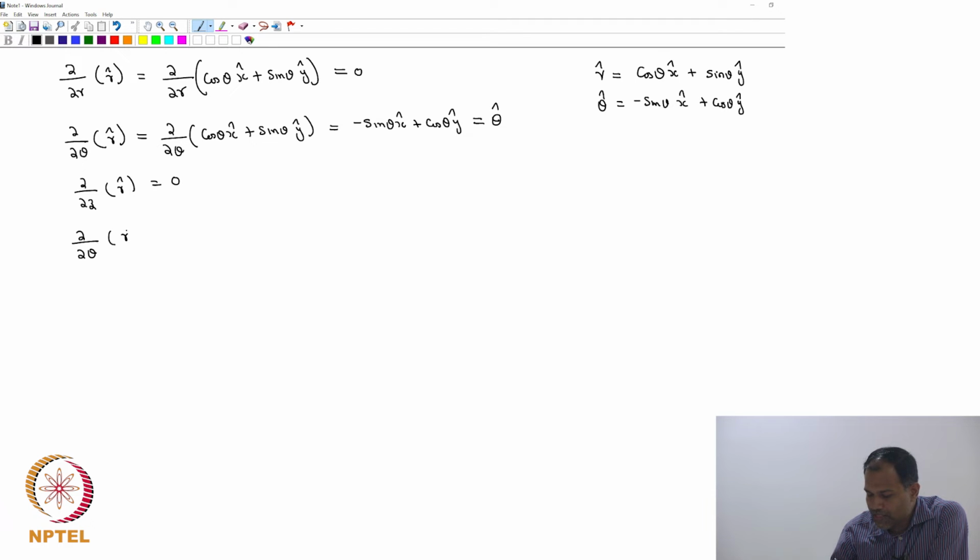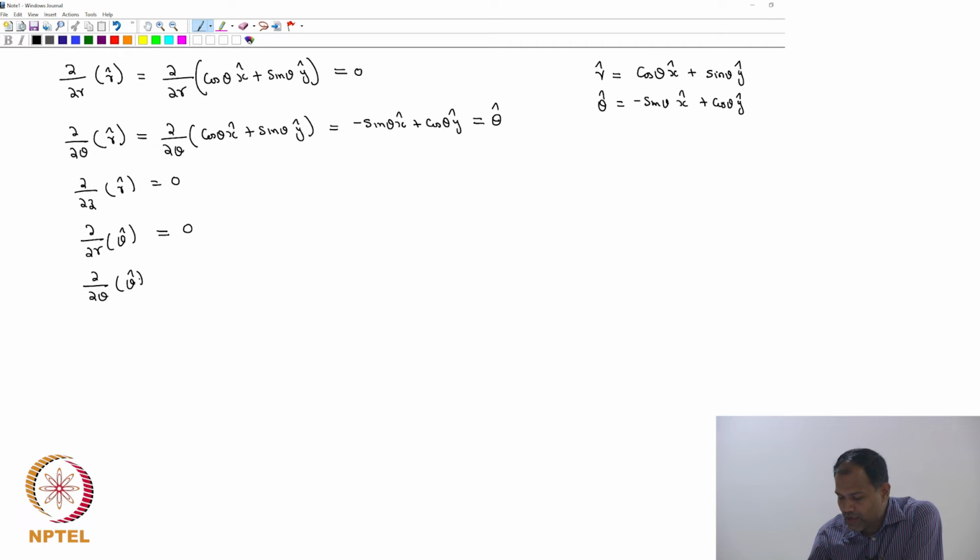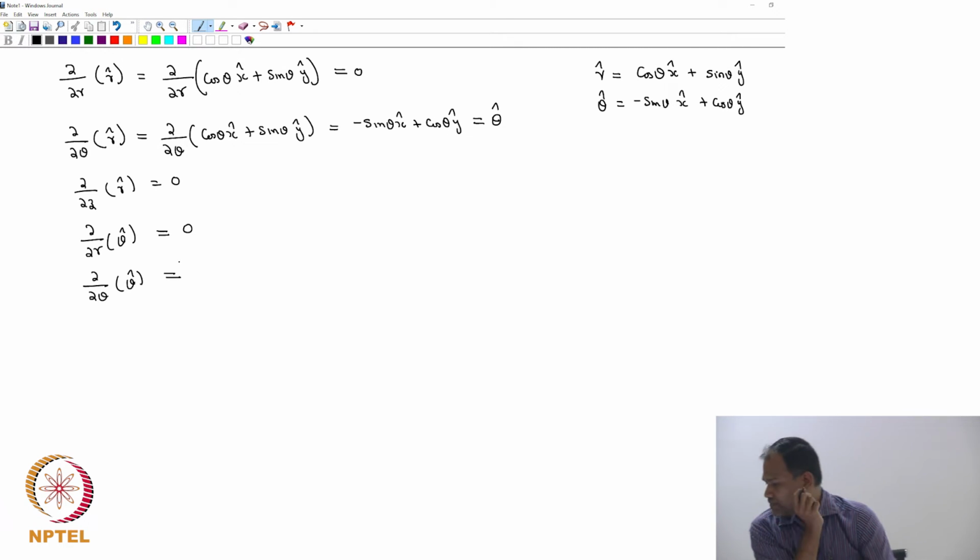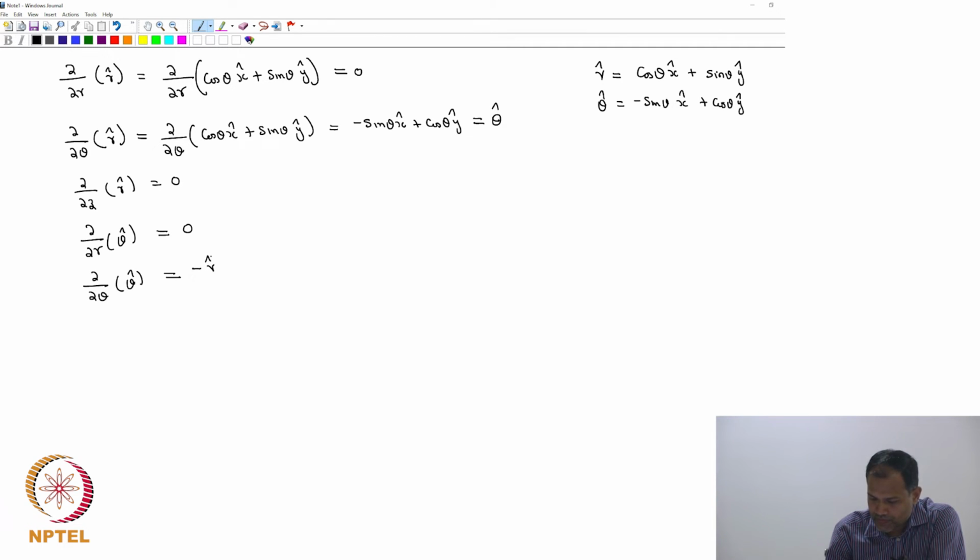Del by del z of r cap is 0. Now let us do the other one first, del by del r of theta cap, and del by del theta of theta cap. I will take a moment. Sunil Kumar, what is that? Minus r cap.